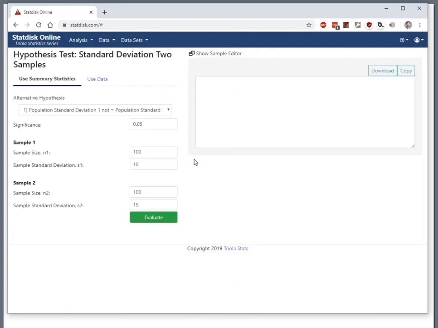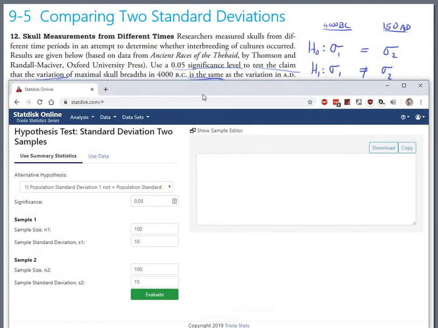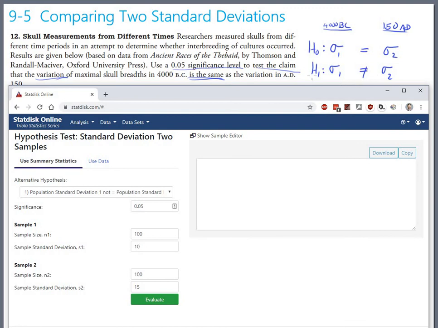So pick that one. As usual, the first thing they want to know is what's that alternative hypothesis, which for us was that they're not equal. So population standard deviation 1 is not equal to population standard deviation 2. Significance level is 0.05.